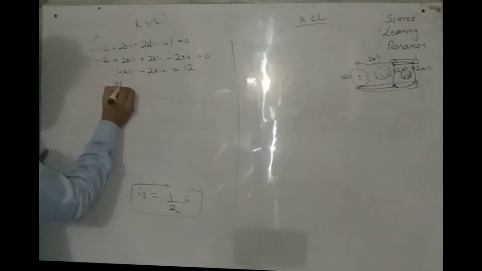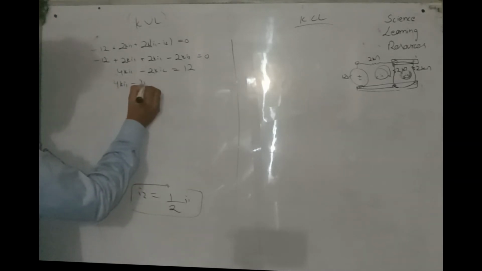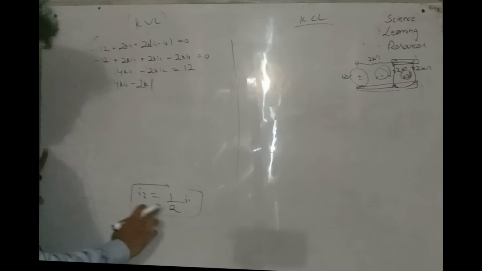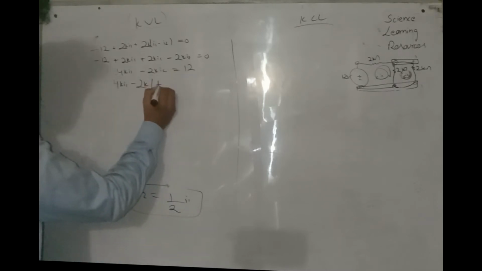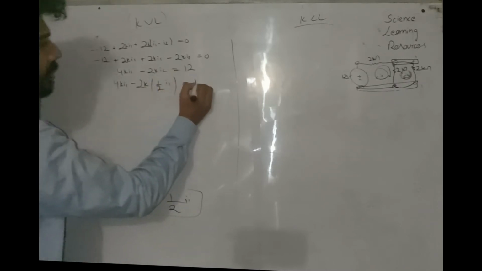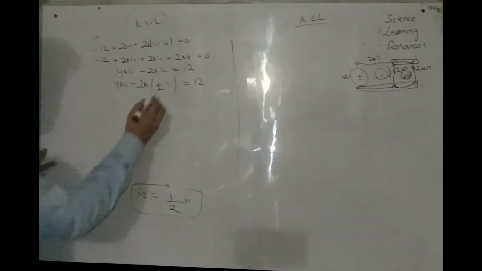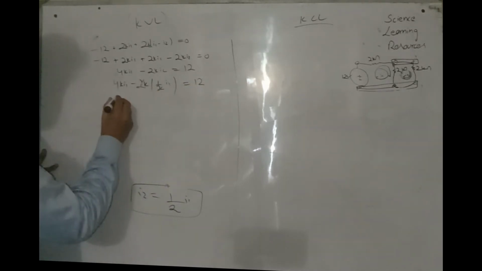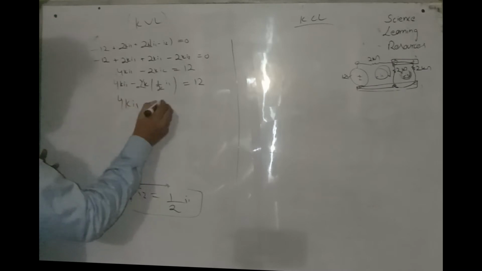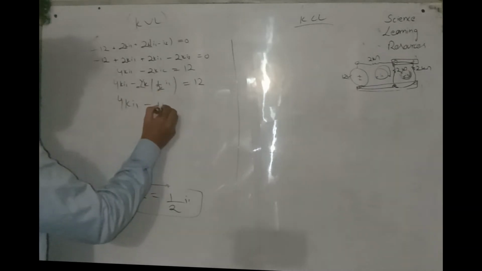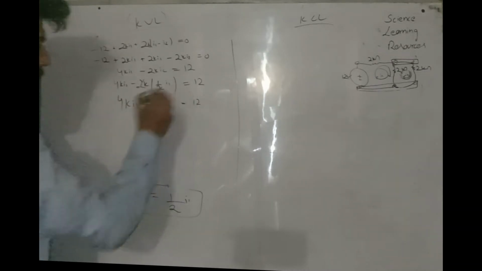So 4k I1 minus 2k times 1 over 2 I1 equals 12. The 2 cancels, so we have 4k I1 minus 1k I1 equals 12.